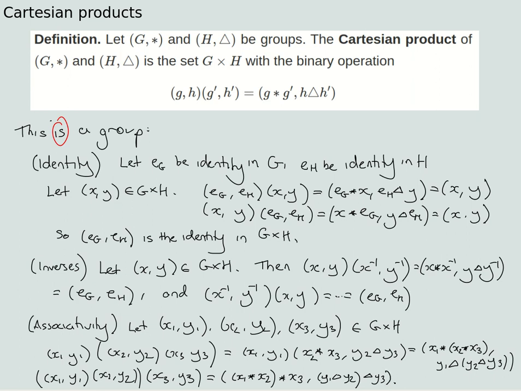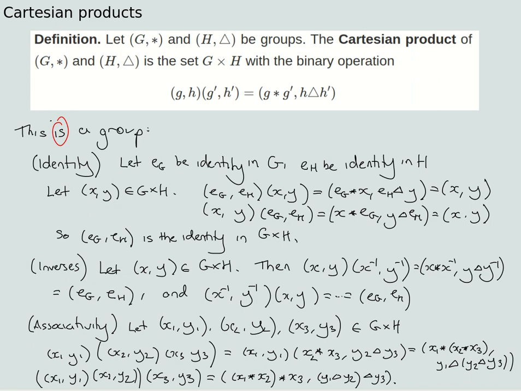But if you look at the 2 elements we've got, in the first positions you have x1 star x2 star x3 and x1 star x2 star x3. But those 2 things are equal because the binary operation star is associative because G star was a group. And similarly, in the second position, you've got y1 triangle y2 triangle y3 and y1 triangle y2 triangle y3.